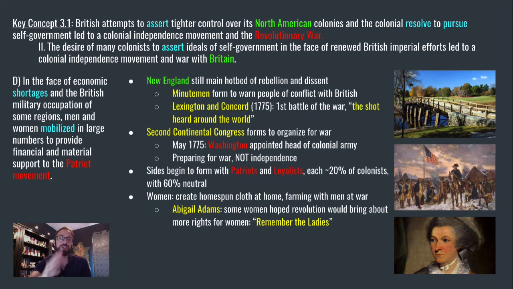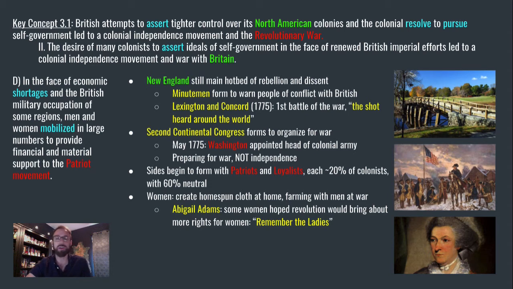She and her husband had a very lengthy personal correspondence, and they had a really different kind of relationship than many people at the time. He used her as an advisor on things going on in his political life as much as he might use other politicians. And she said in a letter to him, remember the ladies.